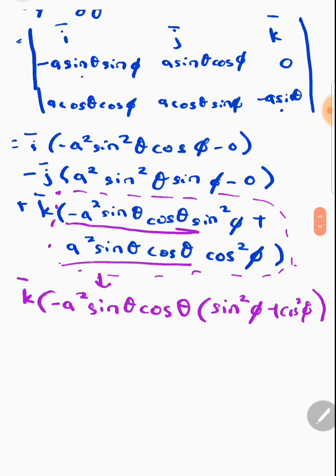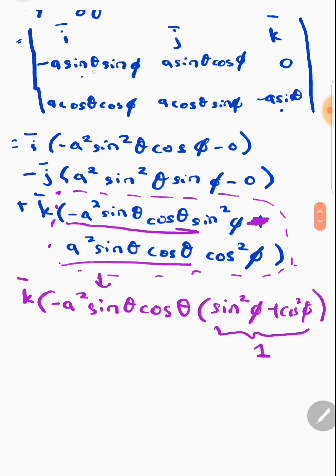And what does this tell you? Remember again from the trig identity, this is equivalent to 1. So when this is 1, it just leaves you with this part here. Sorry, earlier on this part is supposed to be a minus.